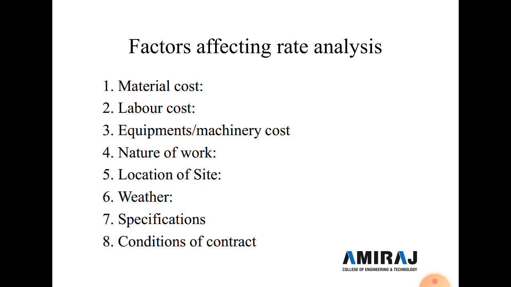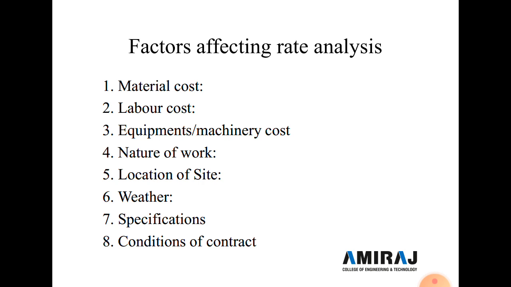Now next is specification. So here the seventh factor is specification. If the specification of the work provides for a rigid tolerance and superior quality workmanship, the rate will be on the higher side. If quality is required in the specification, we write a quality work, and as per the quality we use quality material to complete the task.